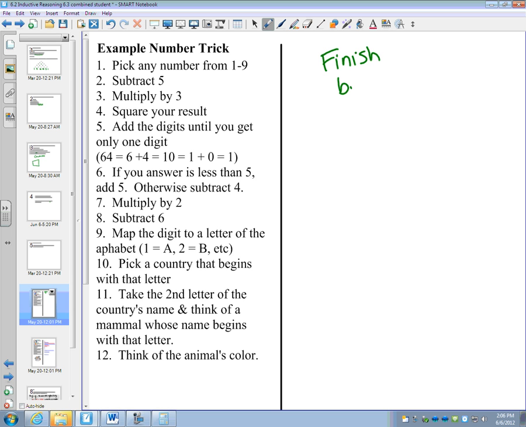Do this trick by Friday. Okay? And Mrs. Joe is going to be here Friday, and she is going to go through this trick with you, and at the very end you'll write down a country's name, and a mammal whose name begins with the second letter of that country.